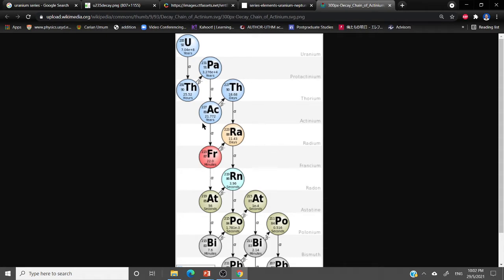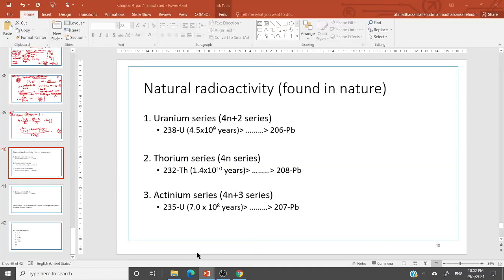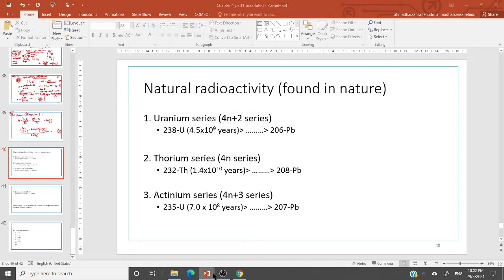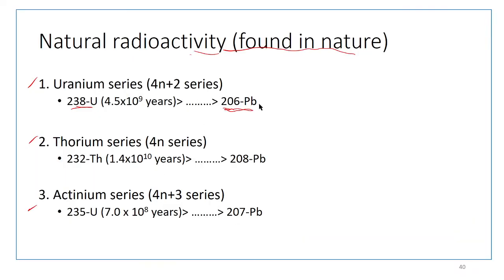This series begins with uranium 238. It's also called the 4n plus 2 series. Why do they call it the 4n plus 2 series? Because for any nuclide in the series, its mass number is equal to 4n plus 2.